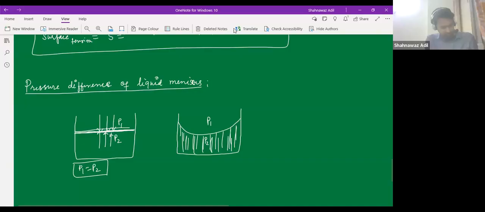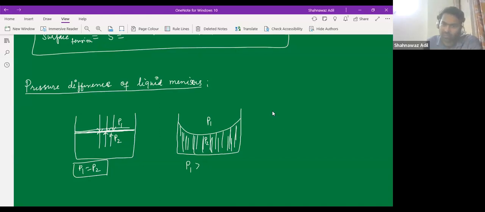Clear? Yes, sir. Well, this P1 is greater than.